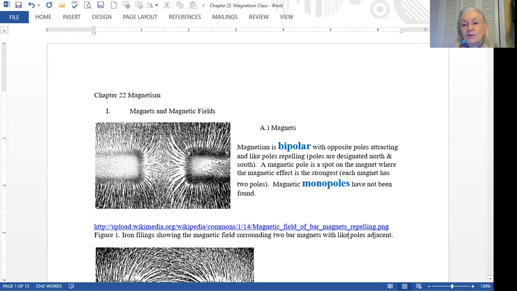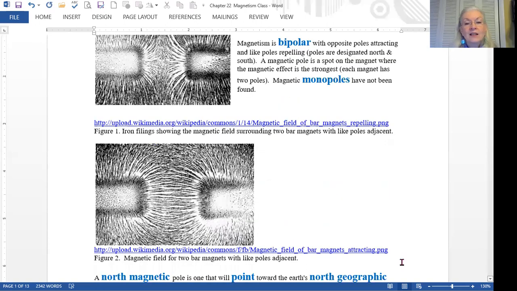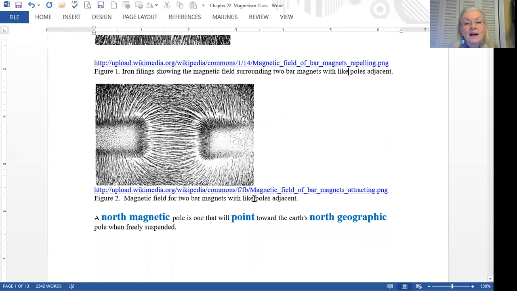So now that we've fixed that typo, let's look at this second one. My captions were just opposite from each other. On this one, you can see that the magnetic field lines attract each other.